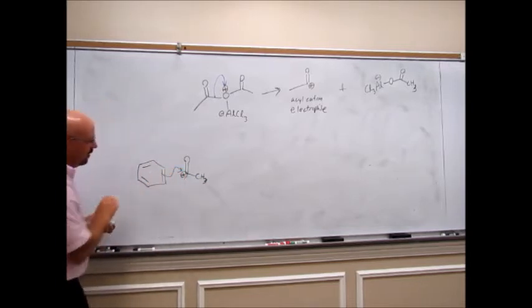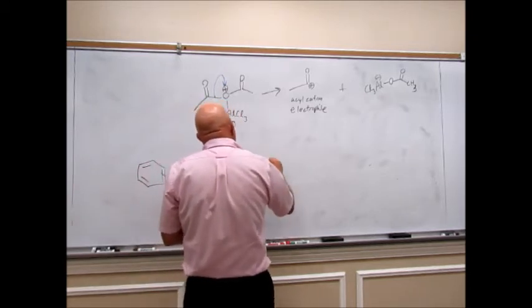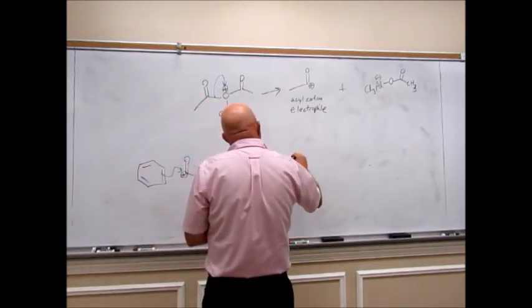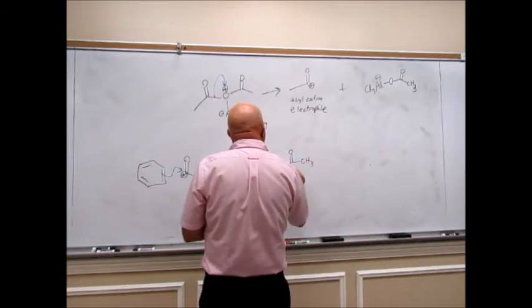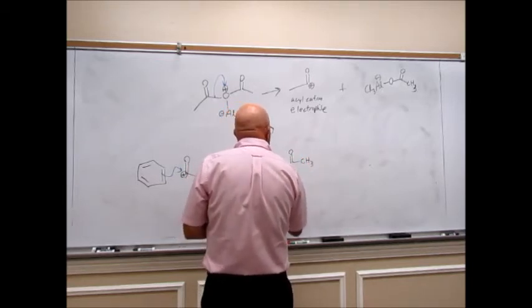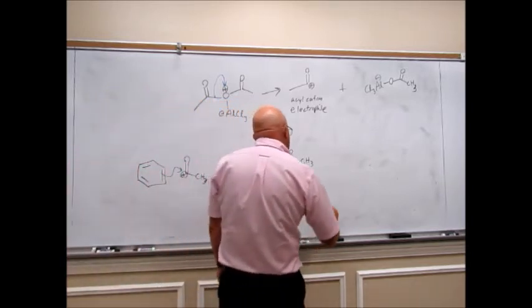Pair of electrons out of the double bond, give to that acyl cation. Now I need to pull the hydrogen off of the carbon where I just put the electrophile. Also need my Lewis acid back.